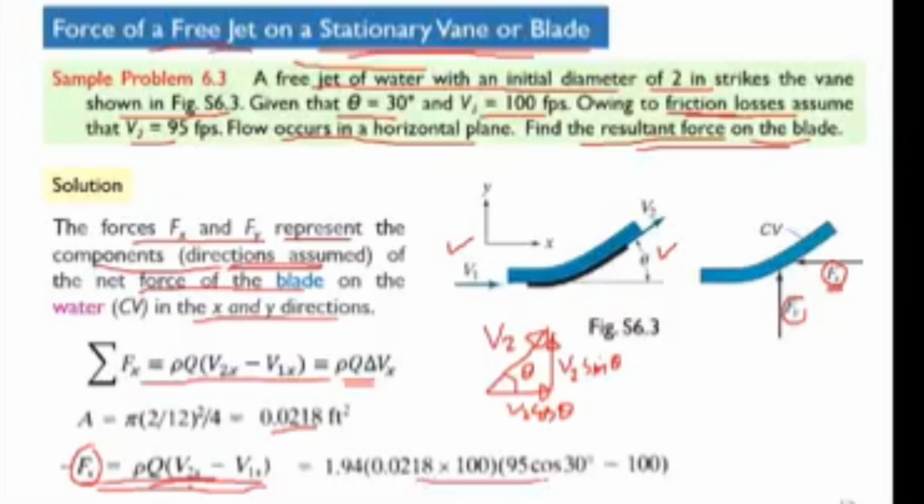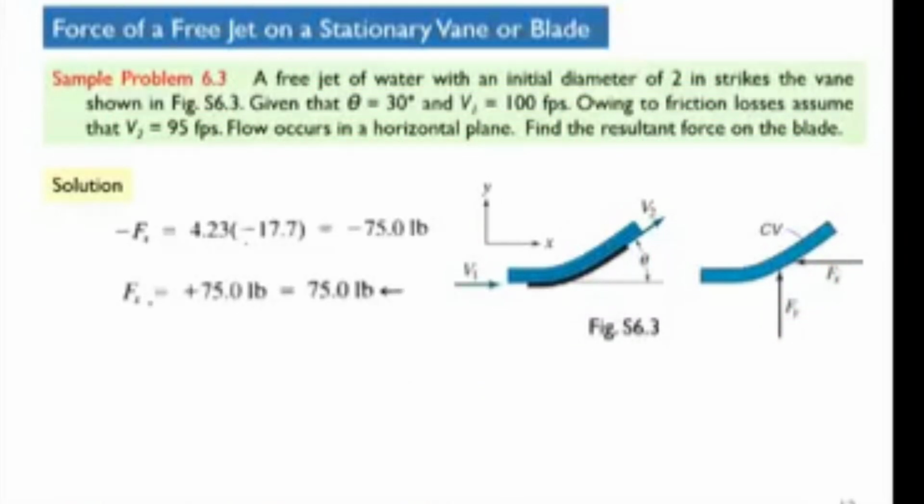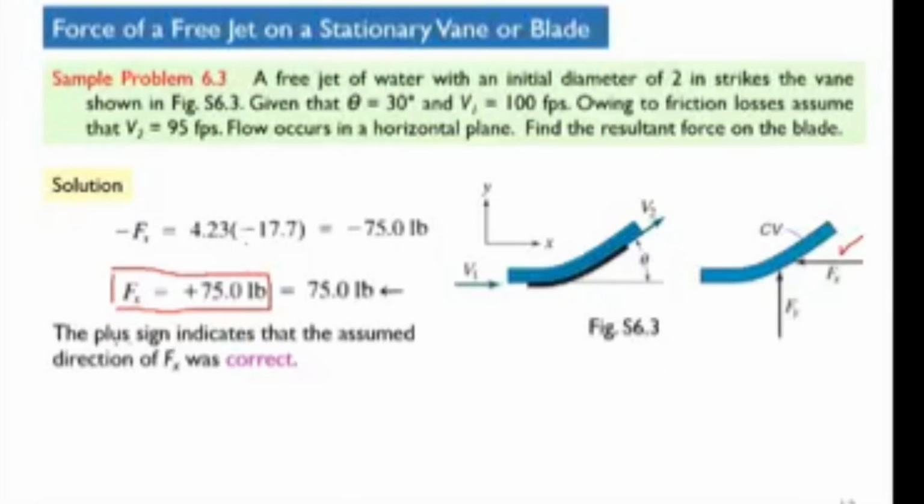So that's why the change of velocity in the x direction will be equal to V2 cos of theta minus V1. So when you simplify from here, we get this answer, F is equal to, now we get plus sign for this F. When we get plus sign for this F, it means that this assumed direction is correct. Similarly, the plus sign indicates that the assumed direction of Fx was correct.